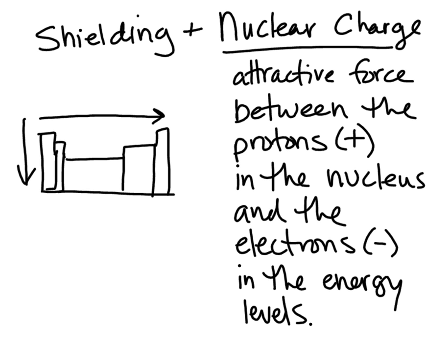So nuclear charge increases as you go down a group, and it increases as you go from left to right. Now this nuclear charge is the driving force behind shielding.